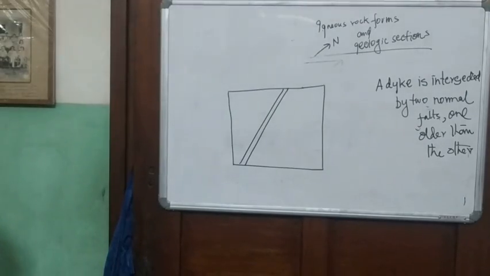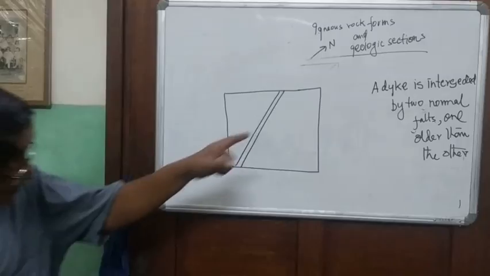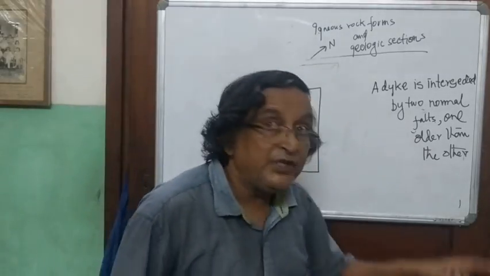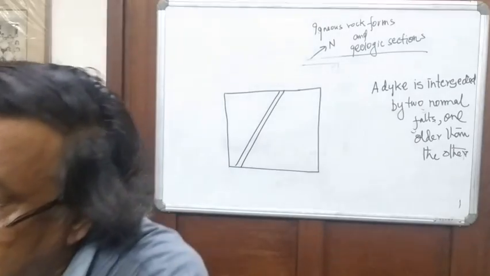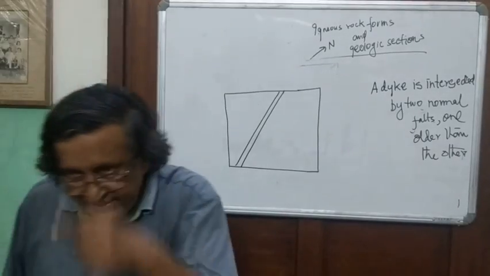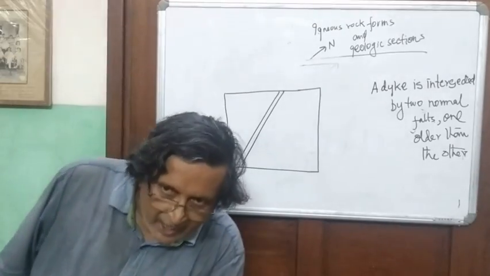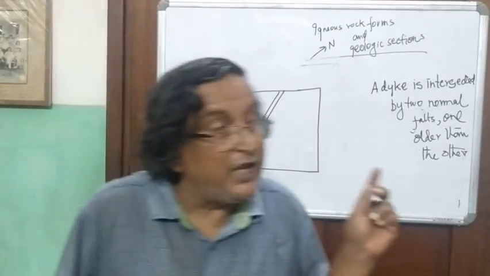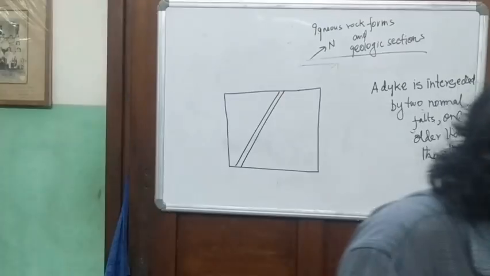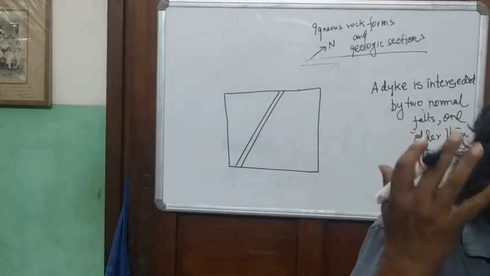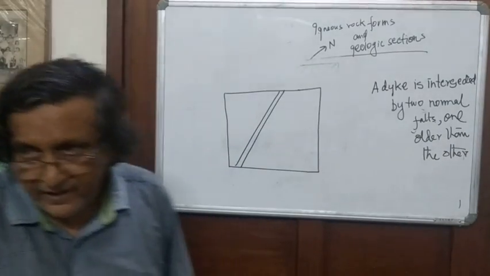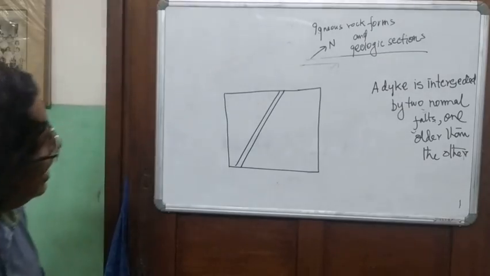From this, the two faults are younger than the dike. And the dike has intruded an older rock, although that older rock finds no mention, but you have to show that there was an older rock. Isn't it? So, how do I do it?